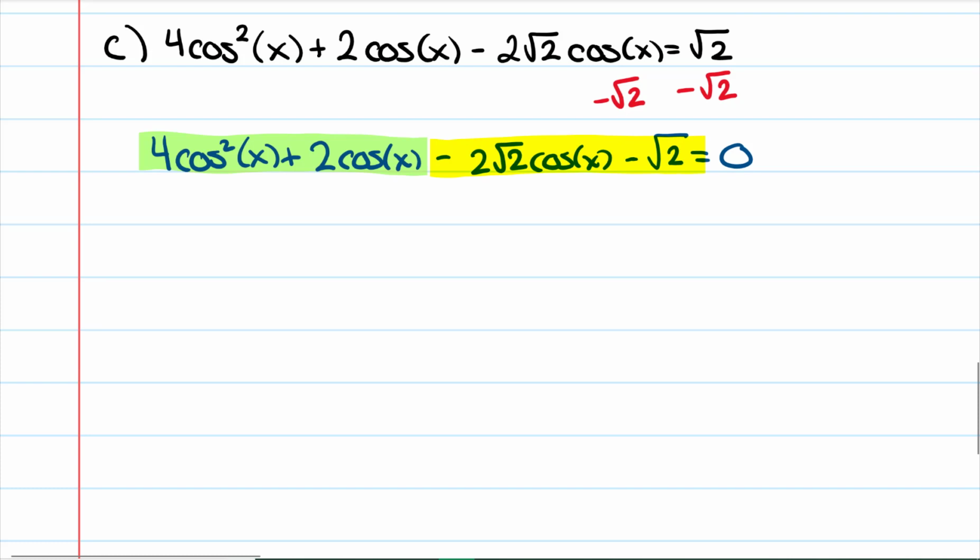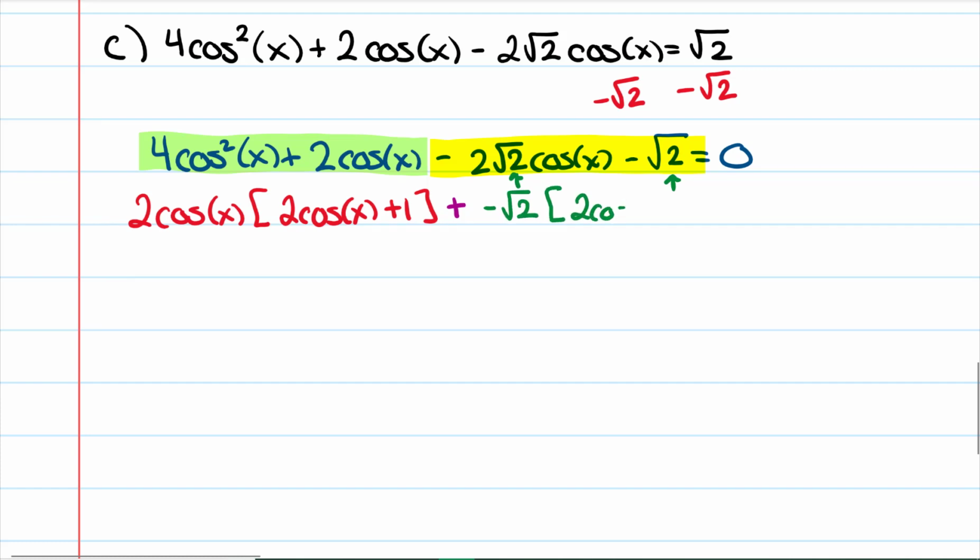So let's start with the ones that are highlighted in green. They have a 2 cosine in common. And if I factor out a 2 cosine, I'm left with 2 cosine plus 1, and then plus, if I factor the things in yellow, they have a radical 2 in common. So I'm going to factor out a negative radical 2, and I'm left with 2 cosine plus 1.